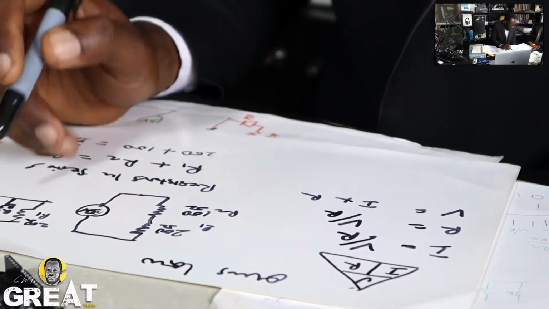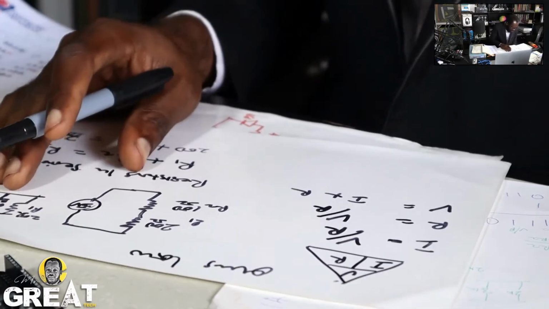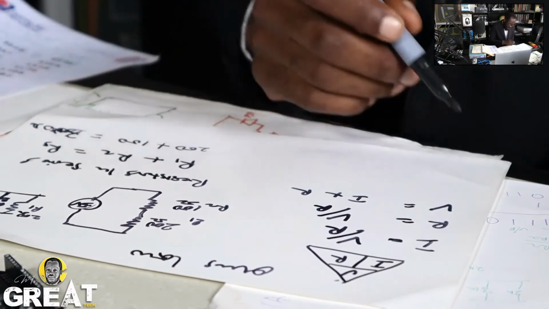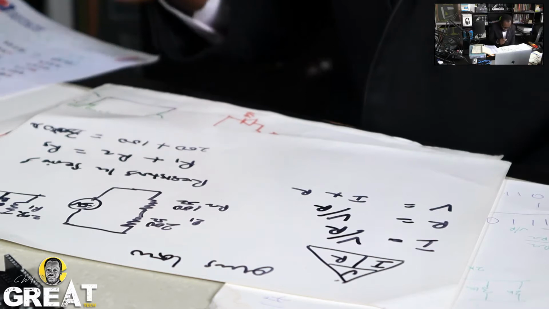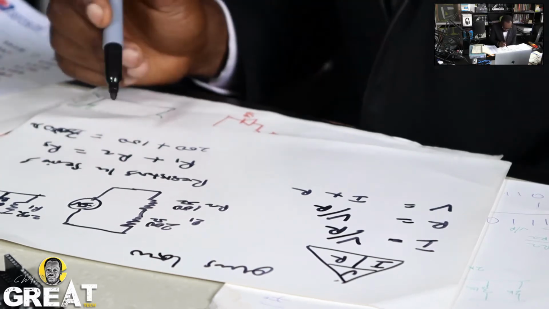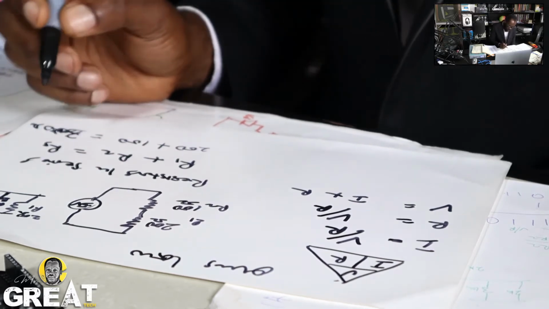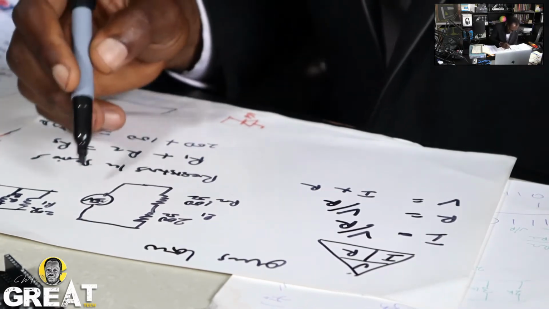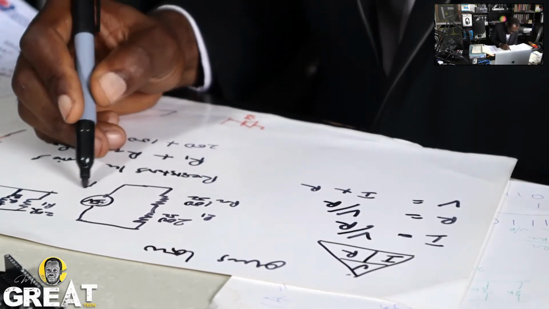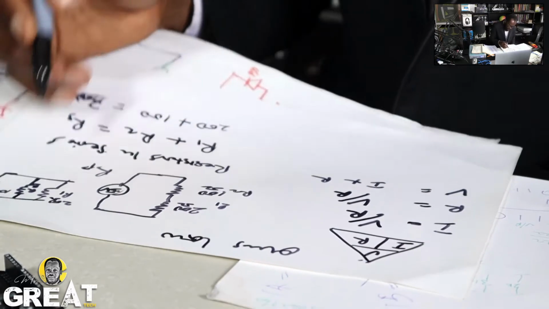It simply says that the resistance in parallel, RP, equals R1 multiplied by R2 over R1 plus R2. Very simple.